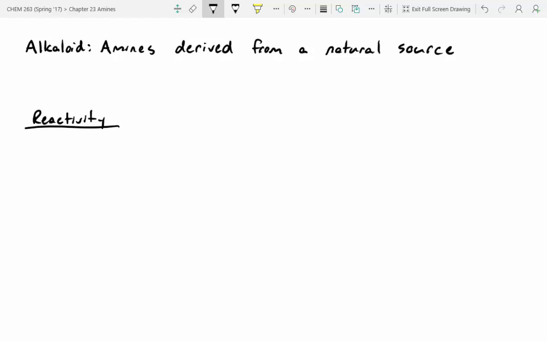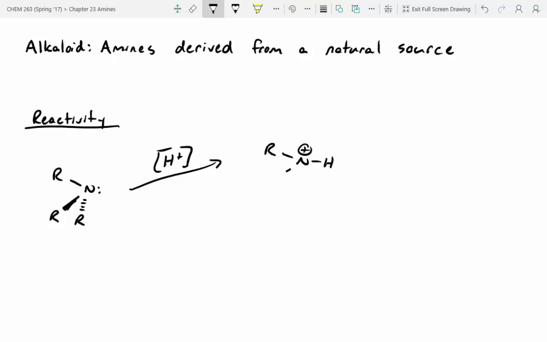So reactivity of amines is really straightforward. You can do really simple reactions like proton transfers, where you can protonate amines, giving an ammonium salt.